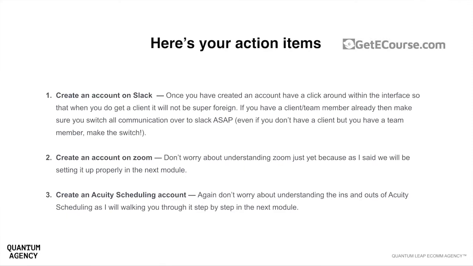And so if you have a client or team member already, then make sure you switch all communication over to Slack ASAP. Even if you don't have a client yet, but you have a team member, just make the switch, right? So all communication from here on in is within Slack. So then again, when you do bring on a client, nothing will be foreign because your team member and yourself have been using Slack for the previous couple of weeks to a month or whatever it is.